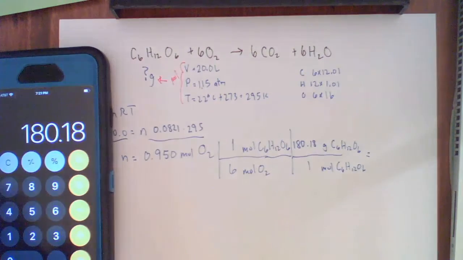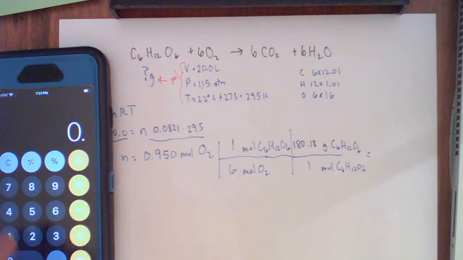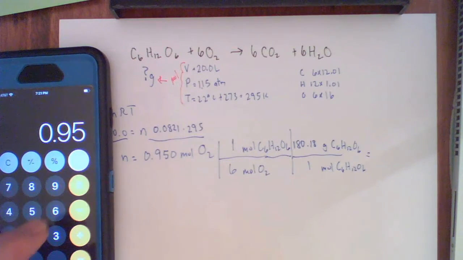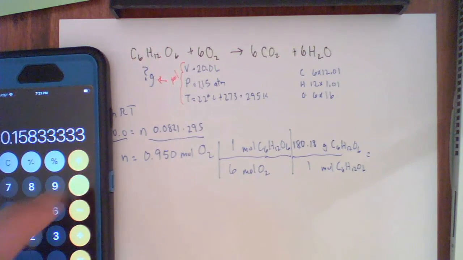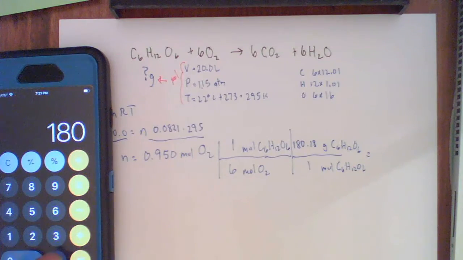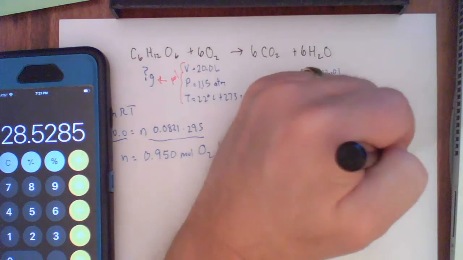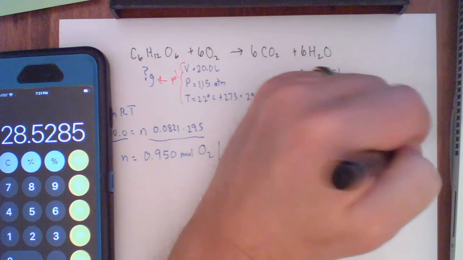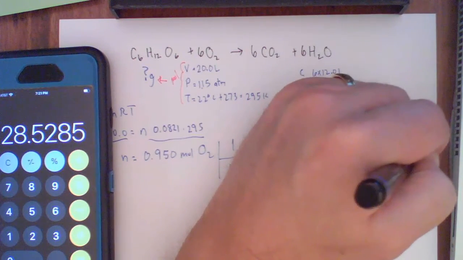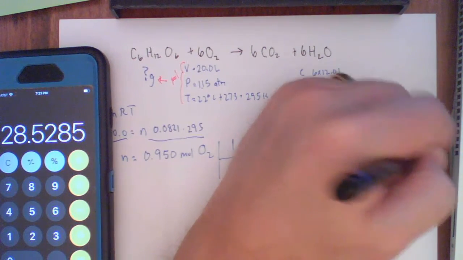So now we just go through and do our math here. So our 0.95 divided by 6 times 180.18, 28.5 grams of C6H12O6.